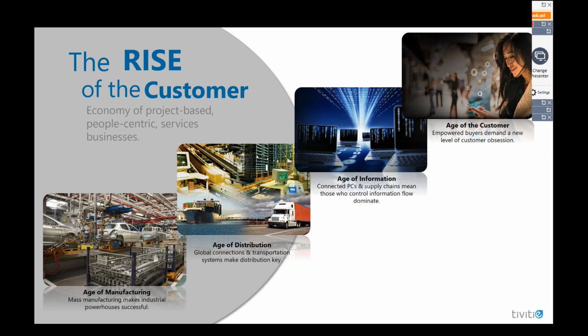And then the age of information, being able to provide connected PC and supply chains in the ERP world. Those who kind of mastered that discipline then became the next wave of leaders in the marketplace. And now, as we're seeing things transform with the way we talked about in the age of socialization and mobility, the age of the customer is more intelligent, more informed, is going to drive the success of our companies.